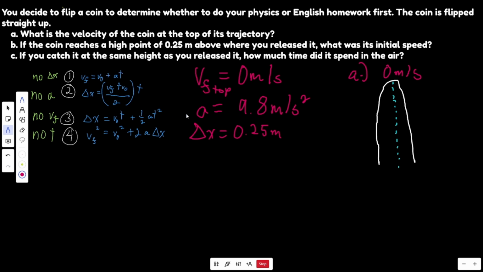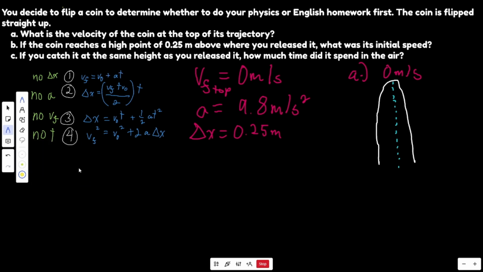We're given these three values, and we need to solve for initial speed. So what can we solve? What equation can we use to solve this? So from this, we can actually see that we might be able to use equation 4 since we don't have time. Right? So now let's plug in our values using equation 4.